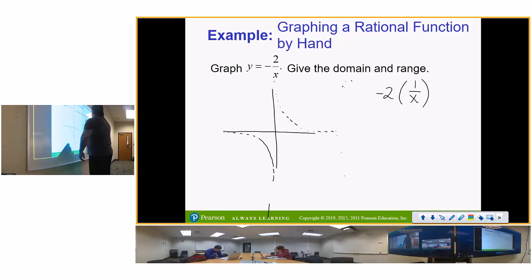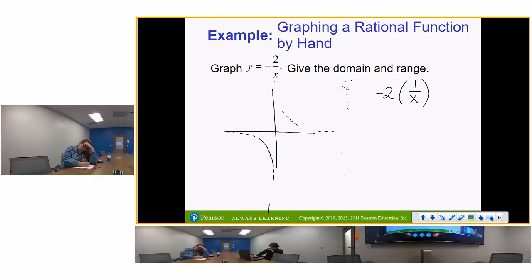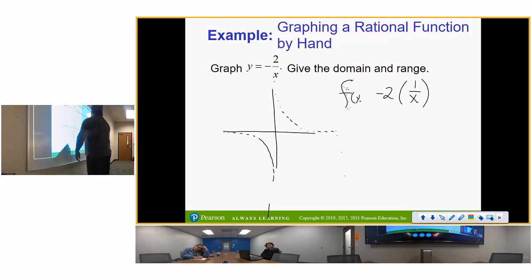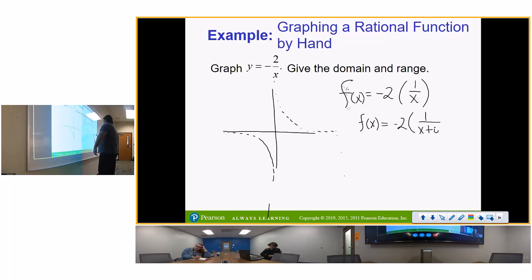So let's talk about what we know. F of x is equal to, well, I'm going to rewrite this. F of x is equal to negative 2 times 1 over x plus 0 plus 0.